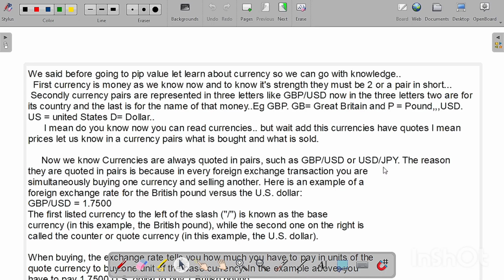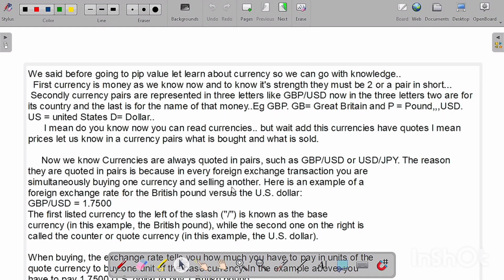JP is Japan and Y is the name of the currency of that country, yen. The reason they are quoted in pairs is because in every foreign exchange transaction, you are simultaneously buying one currency and selling another.